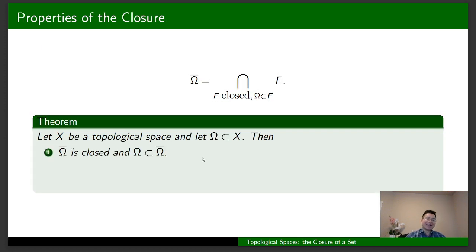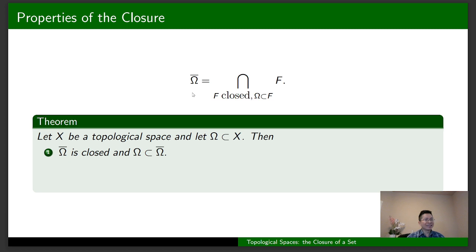Okay, next we are going to talk about some important properties of the closure. Let X be a topological space and let omega be a subset of X. Then, the closure of omega is always closed, and omega is a subset of its closure. How come the closure of omega is closed?